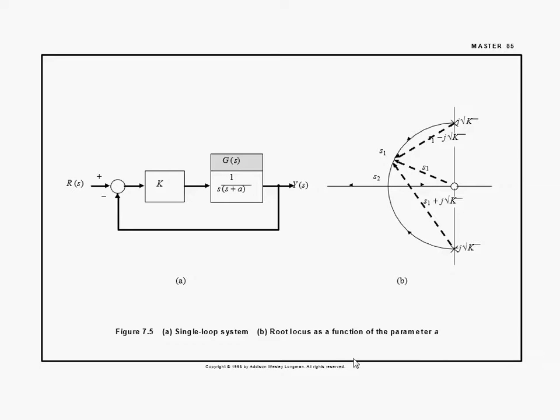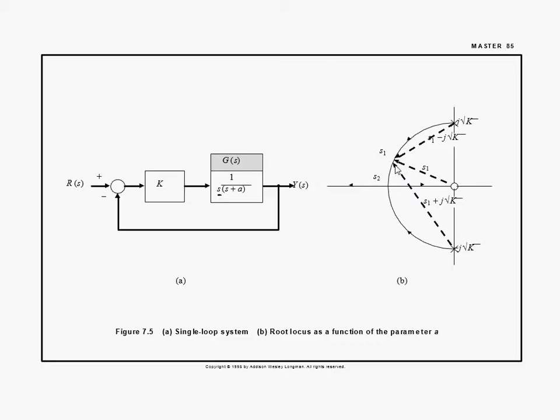If you have this kind of transfer function in here, you know that one of these is at 0 right here, and the other one is at -a when k is equal to 1.